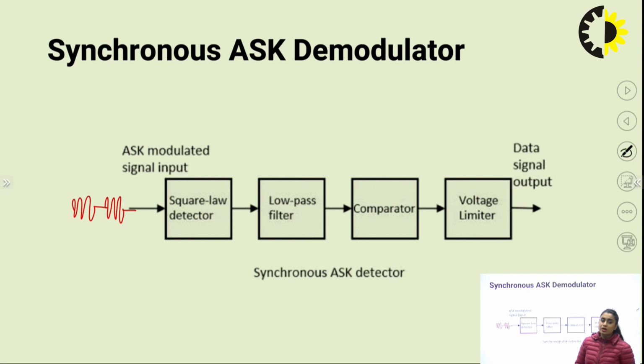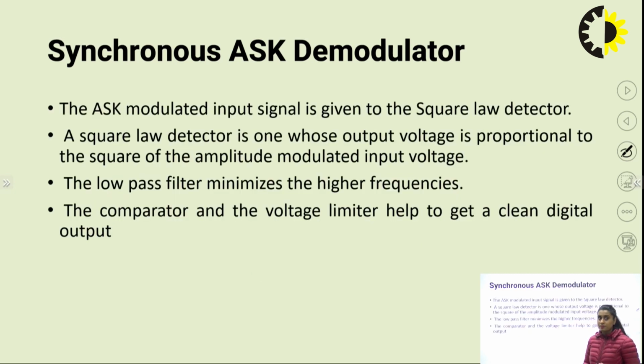What's the job of a square law detector? It will read the voltage values, right? Here it has some voltage value, here 0, here, right? And it will pass it through a low pass filter. Then again it will pass it through a comparator, and with the help of a voltage limiter the final output is derived. Let's see how it works.